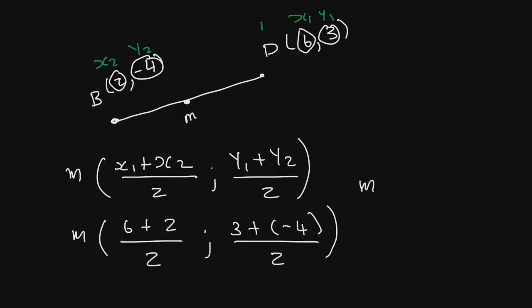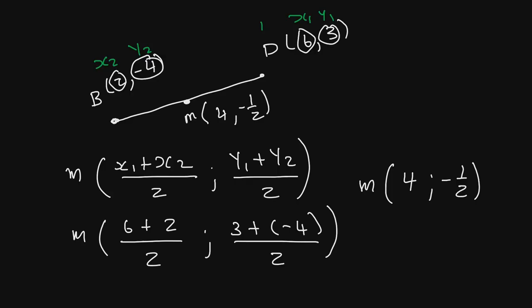Putting the first part into the calculator, 6 plus 2 gives us 8 over 2, which is 4. For the second part, 3 minus 4 is negative 1, all divided by 2, so negative 1 over 2. So the coordinates of the midpoint of BD are (4, -1/2). That is how you get the midpoint.